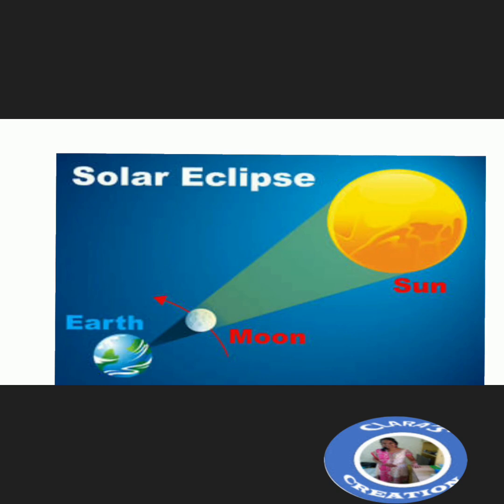The moon is obstructing the light of the sun from reaching the earth. And that part of the region of the earth where the light is stopped by the moon, then we say an eclipse is caused. And since this eclipse is caused by sun, we call it solar eclipse.